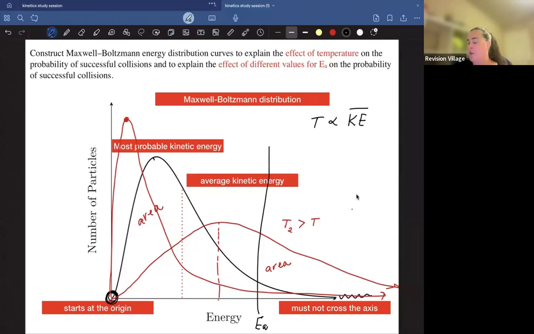And if I wanted to show you how many molecules had more energy than the activation energy, I would shade in all of the molecules represented by the curve to the right of my activation barrier. So those are the ones that have enough energy to react at the very low temperature. Whereas at the high temperature, you can see many more molecules have enough energy to react.